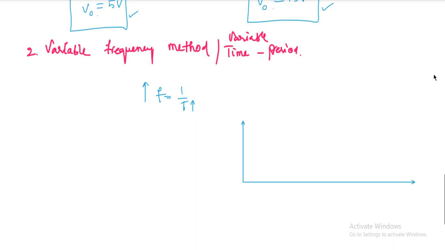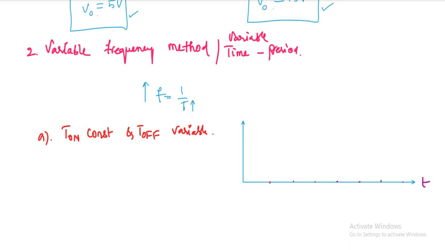Here I am going to change the turn on and turn off periods. First I am going to keep T on constant and T off variable. Let us consider the time slots.